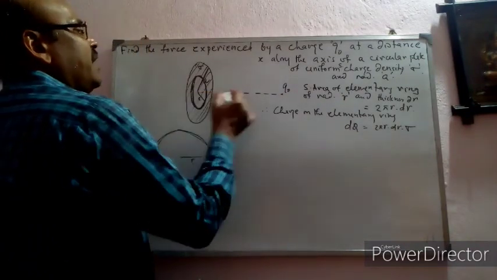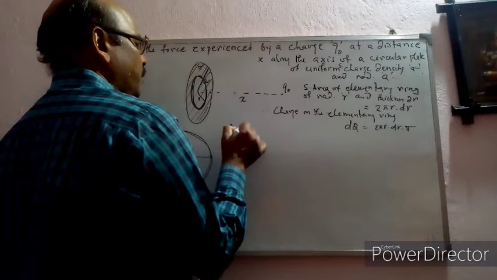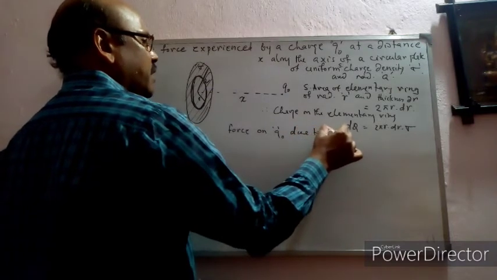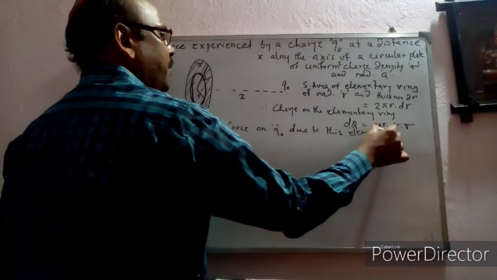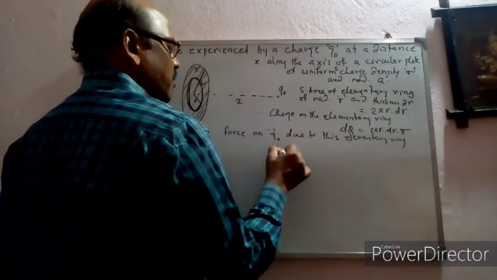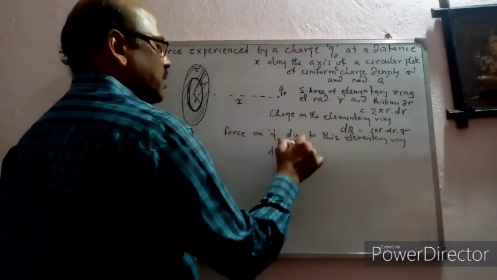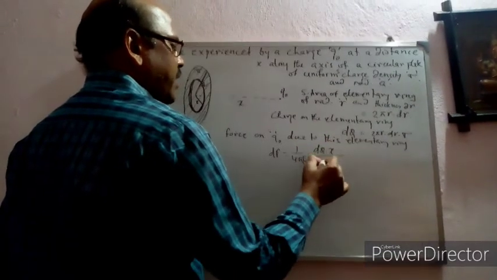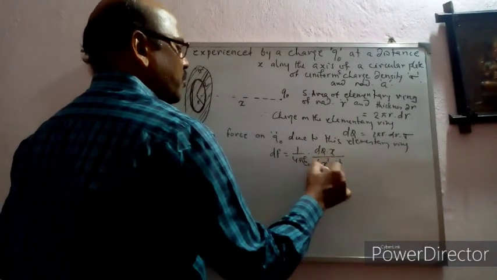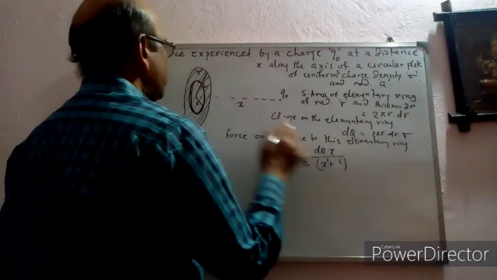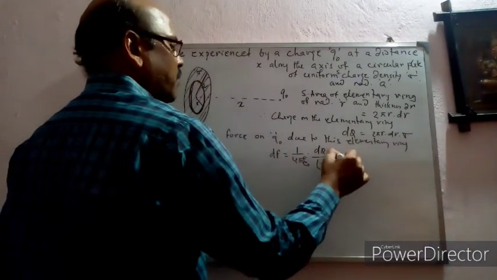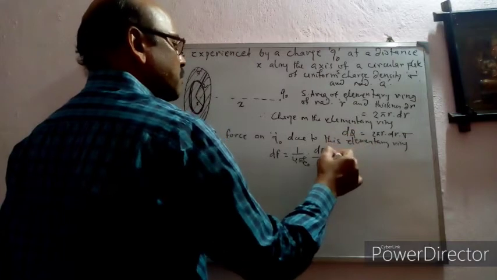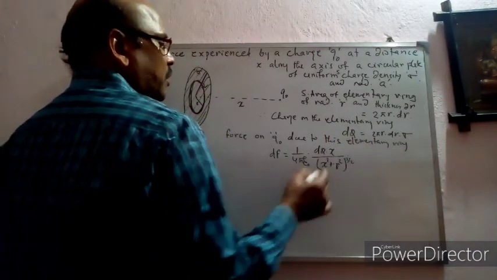So due to this elementary ring, the force on q naught is given by dF is equal to, as we discussed just before, 1 by 4 pi epsilon naught dq into x divided by x square plus r square to the power 3 by 2, because I have taken this radius to be r, into q naught.